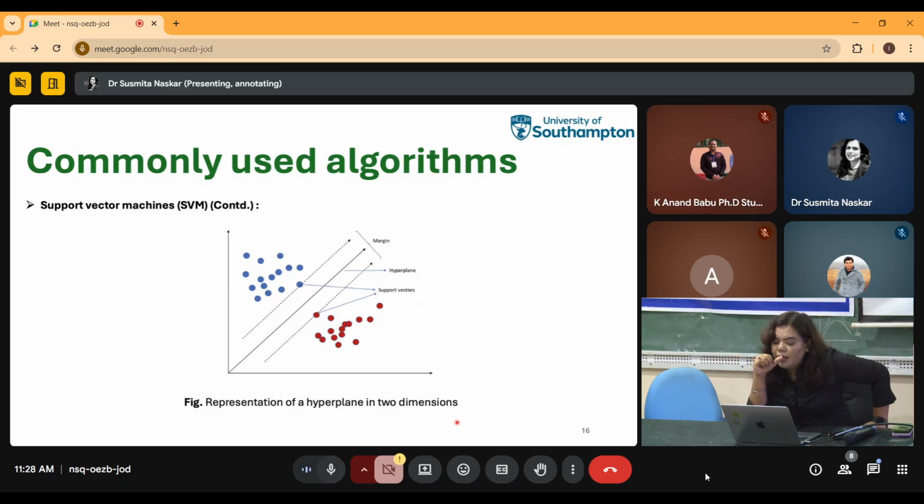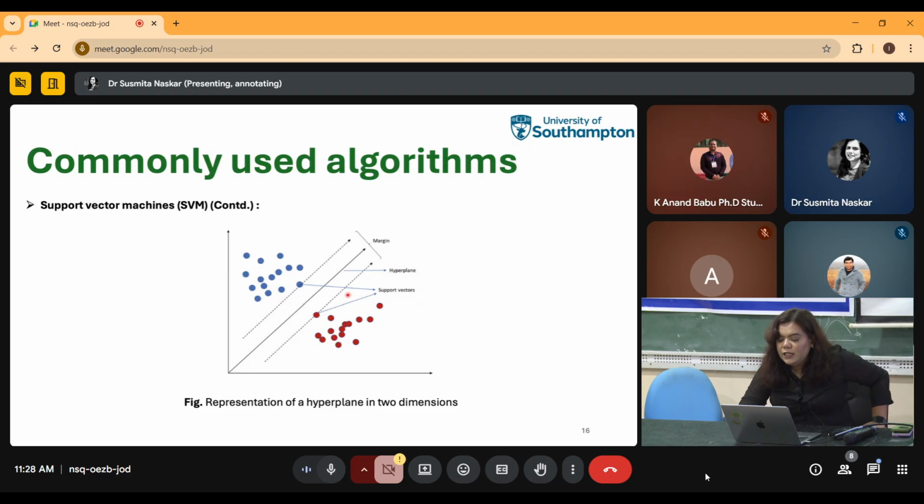Now let's see this figure, how it could possibly look. On the graph you can see two sets of data points, the blue points and the red points, and they represent the two different classes. The goal of the support vector machine algorithm is to find the optimal hyperplane, shown as this black solid line, separating these two classes as clearly as possible. And what is this dash line here?